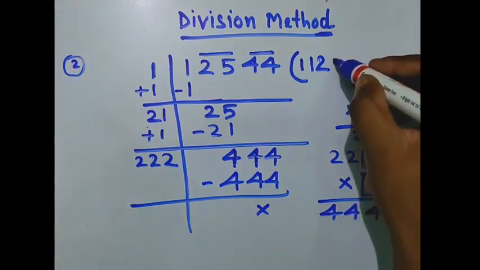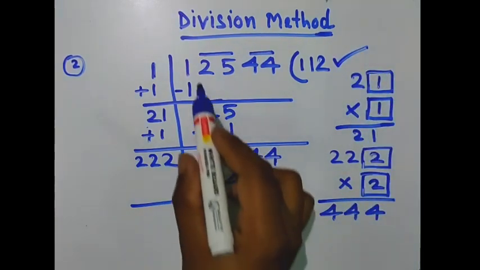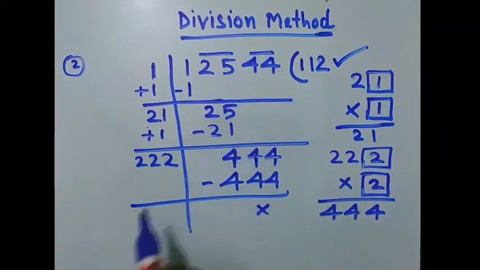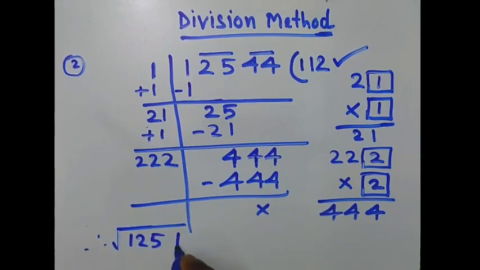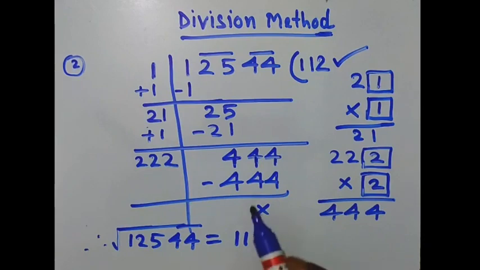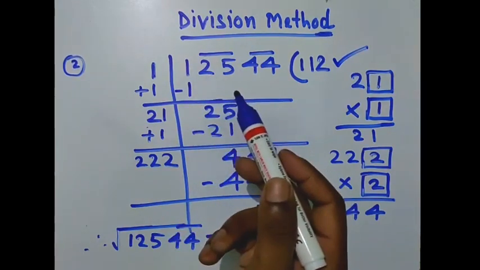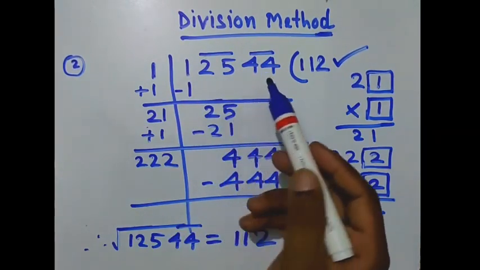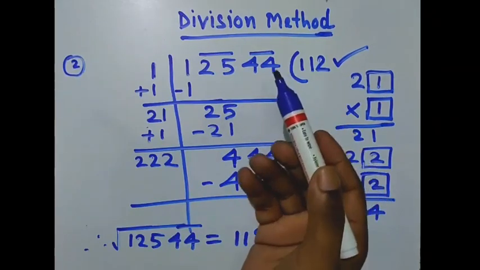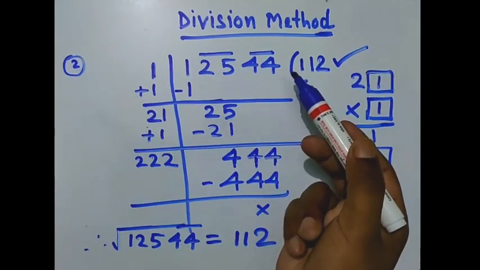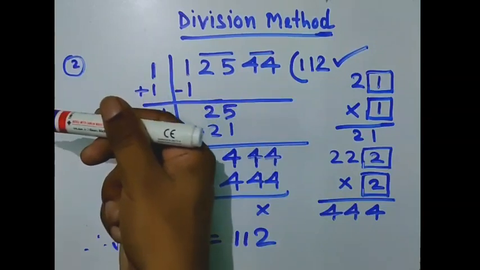So we have got the square root of 12,544. So we can write, therefore square root of 12,544 will be equal to 112. Clear? So always remember, whenever we are finding the square root by division method, we start pairing it from right to the left.